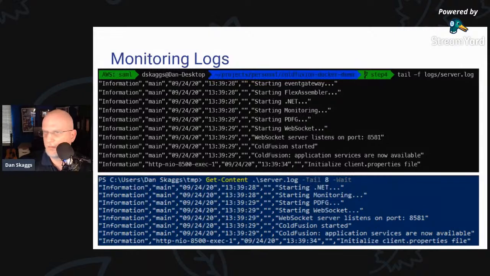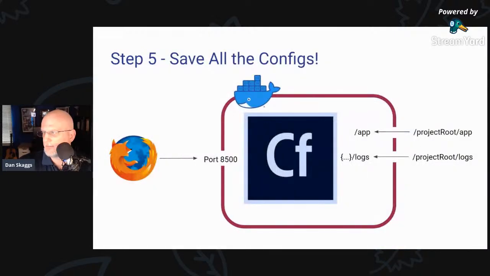So at this point, go forward. There we are. So we have logs and we have an app and we have a port. What you might not have noticed in this demo, that you absolutely would if you use this very much, is that as you're bringing up and destroying and bringing up these containers, if you've gone in and made any changes to the settings in the CF admin at some point, and maybe as often as every time, you're going to get hit with the fact that you lose all of your settings.